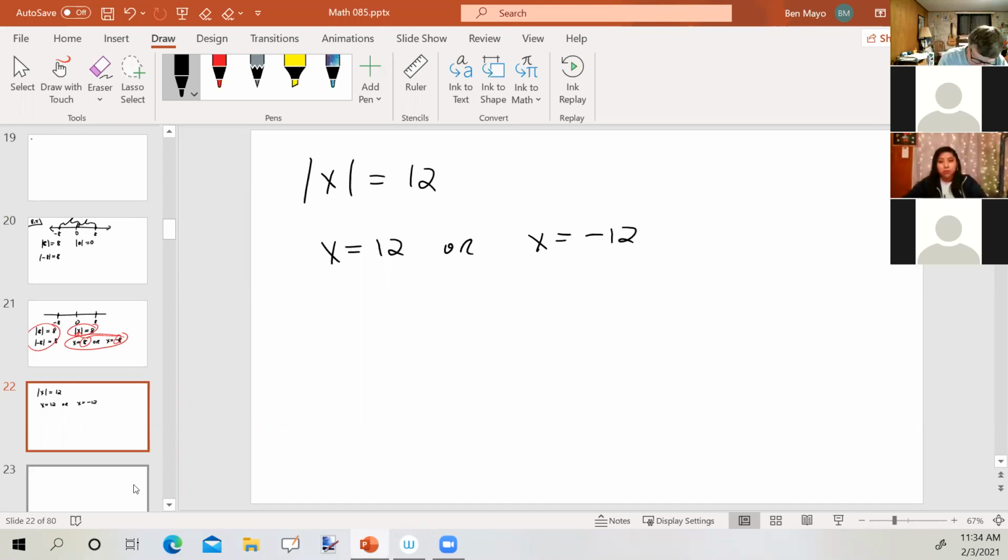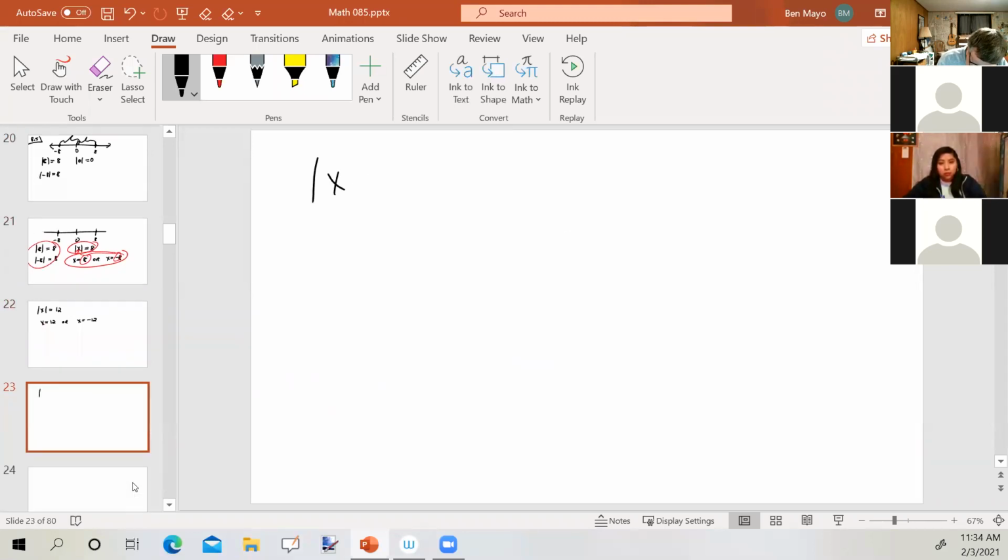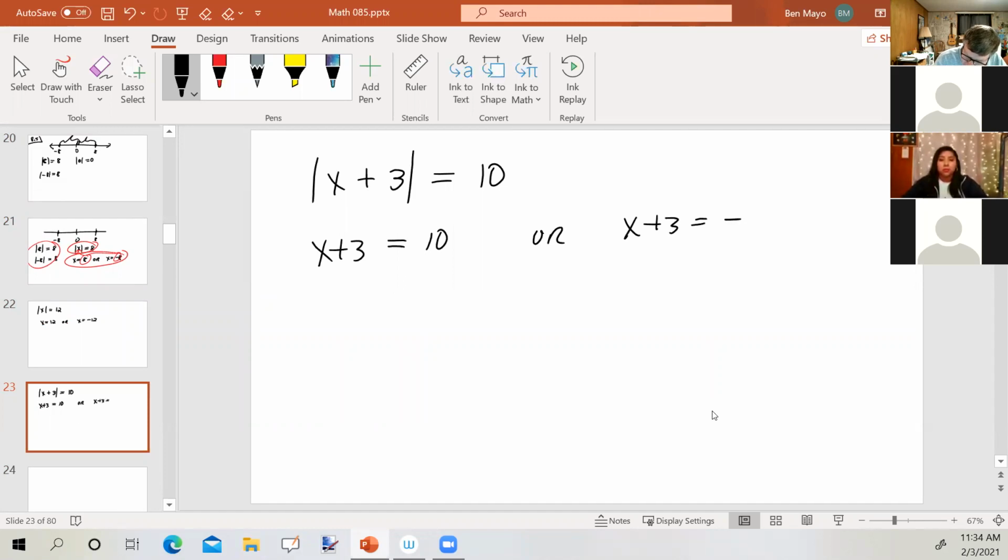All right. Let's say we have the absolute value of x plus 3 equals 10. So that means that what's inside has to either equal 10 or what's inside has to equal the opposite of 10. Because if it equals 10, its absolute value is 10. If it equals -10, its absolute value is still 10.